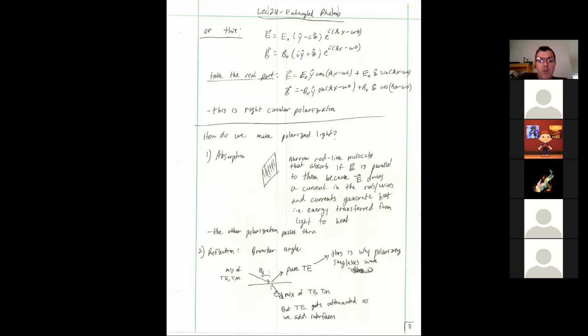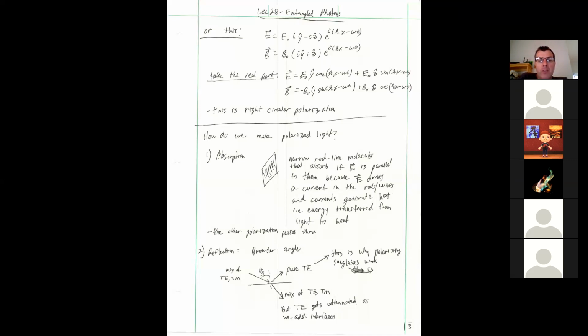So you can attenuate that very rapidly, and that's what your assignment for next week is: to play around in that code, adding more and more layers and seeing how many you have to add before the transmitted light is 99.9% TM, and so the reflected light is 99.9% TE.